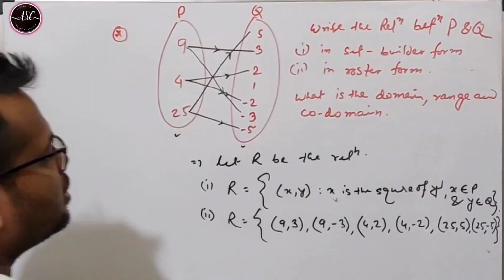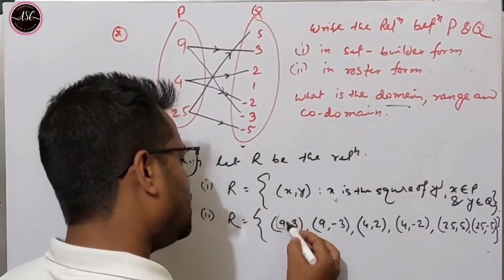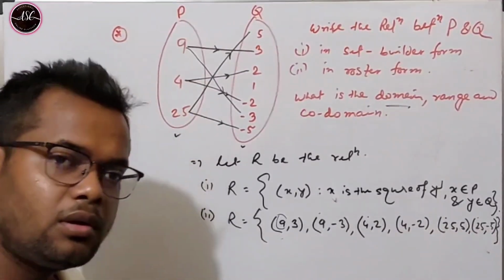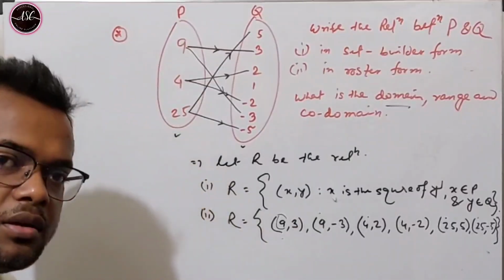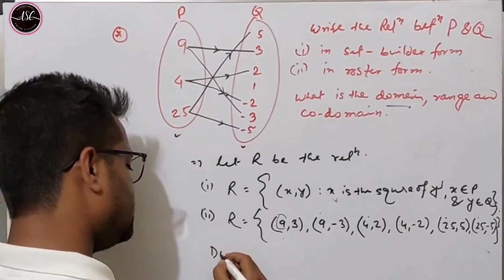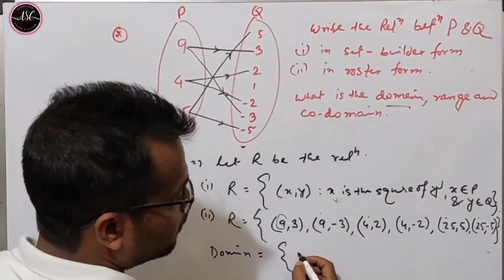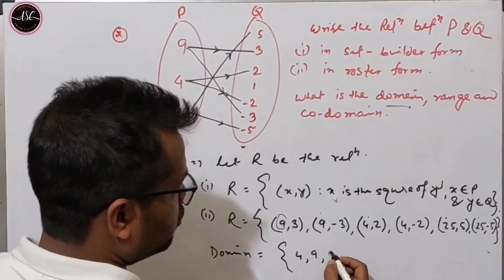Now here is the question, domain. What is the domain? We have seen in the relation, the set of all the first elements will be the domain. So domain is 4, 9 and 25.